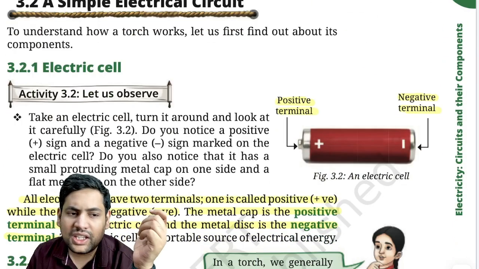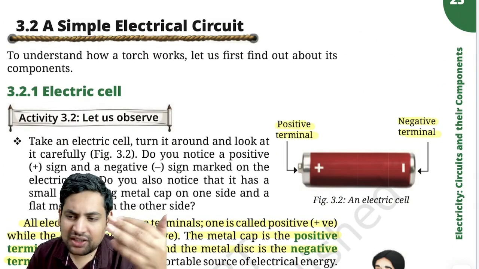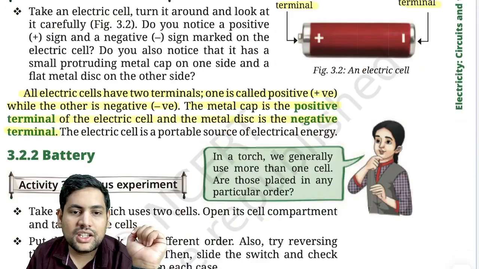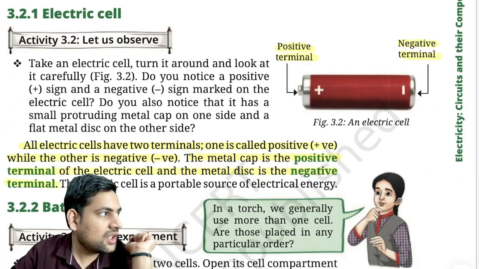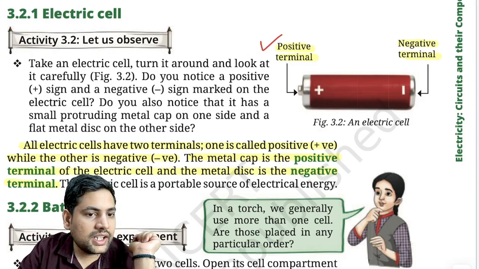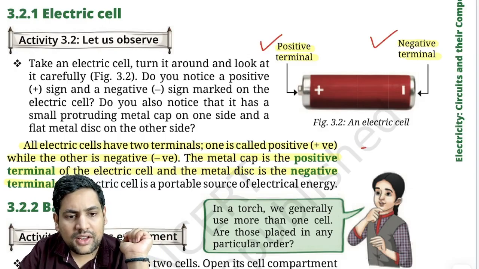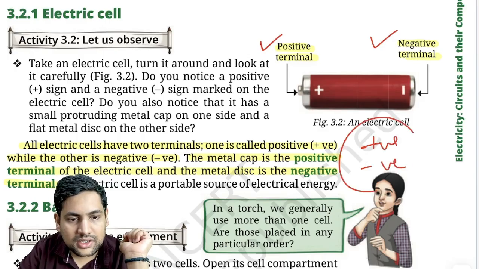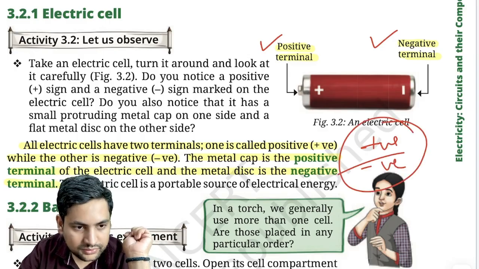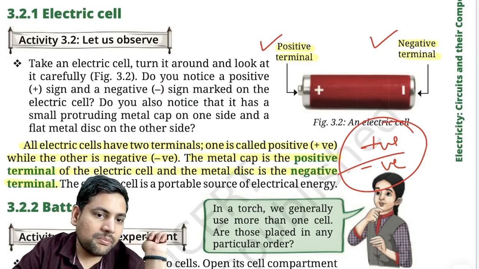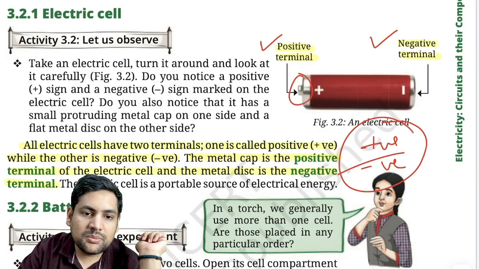Now, a simple electric circuit we'll understand. Let's understand small components. Components you know of. So electric cell, correct? An electric cell has a positive terminal and a negative terminal. All electric cells will have a positive terminal as well as a negative terminal. So this metal cap like structure that you see is the positive terminal.